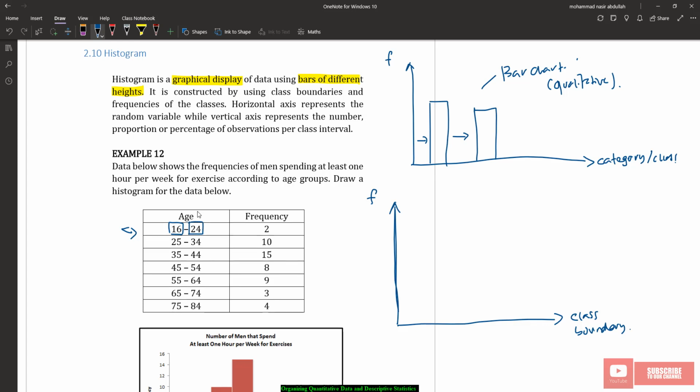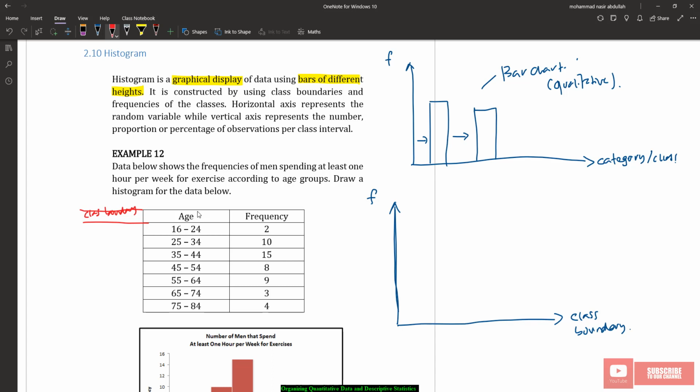It's not a class boundary because the upper class limit for the first class is not equal to the lower class limit for the second class. So now what we need to do is to create a class boundary. This is a class boundary.